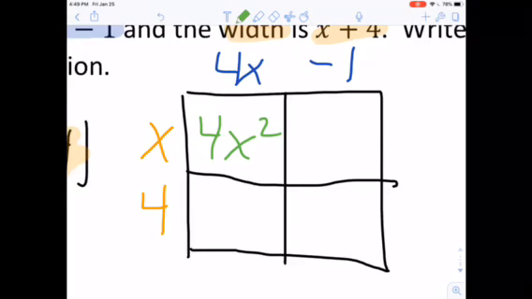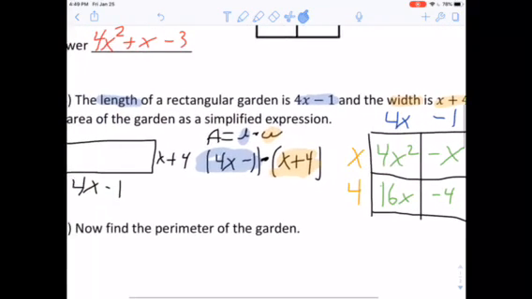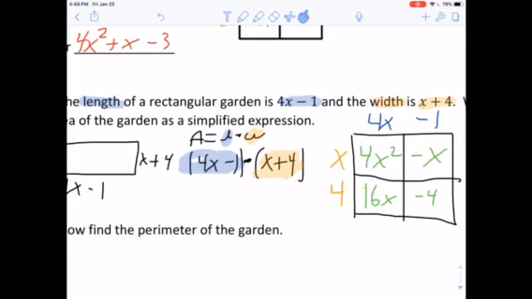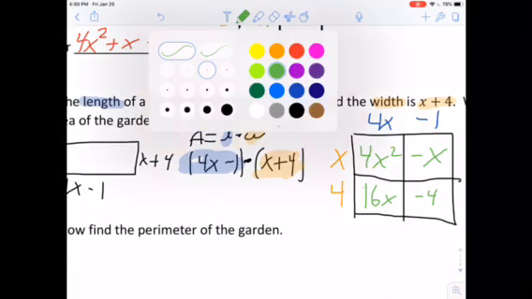x times negative 1 is just negative x. 4x times 4 is going to be 16x. And 4 times negative 1 is just negative 4. I'm done multiplying. Guess I can write my product. And my product says that it's going to be my area.